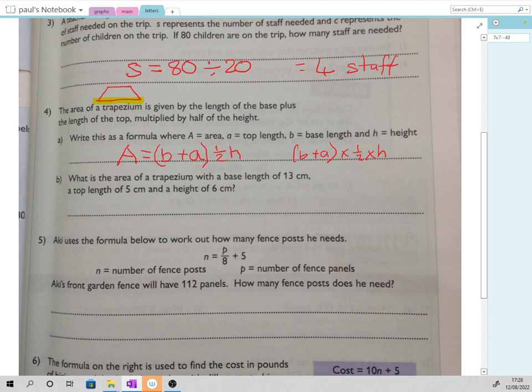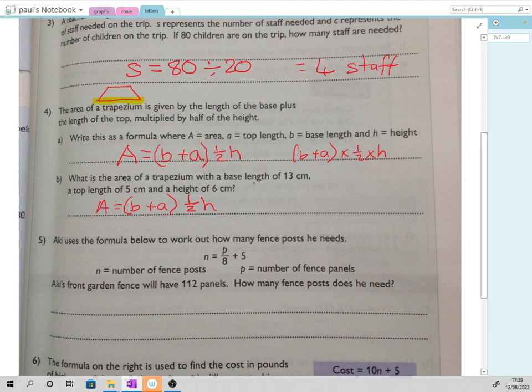What is the area of the trapezium? We had to get this right, otherwise we can't do this bit. With a base length of 13, top length of 5 and a height of 6. Okay, so the area, I'm going to write the formula out so we know. Always do this. Even if a formula is given to you, I'll always write it out because it gives you a bit of time to think what's going on.